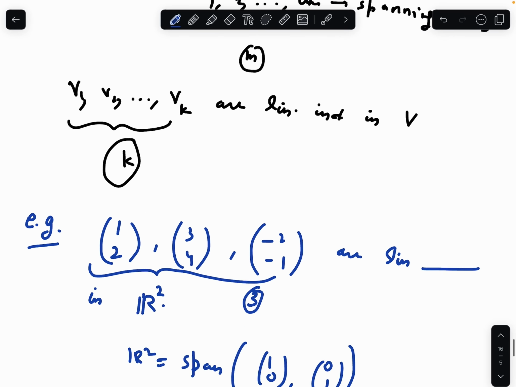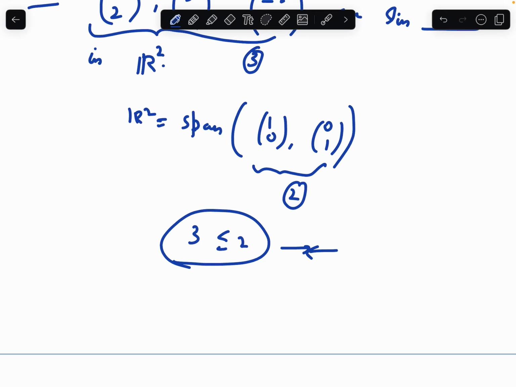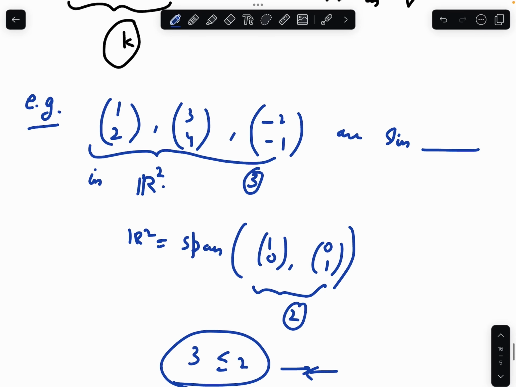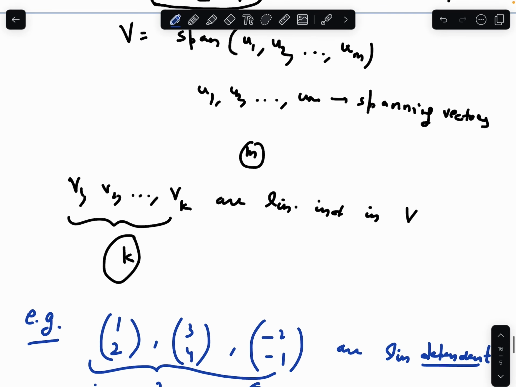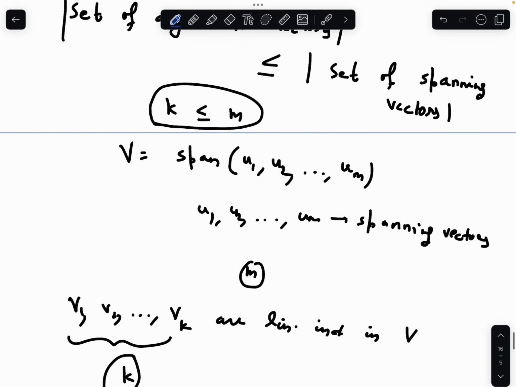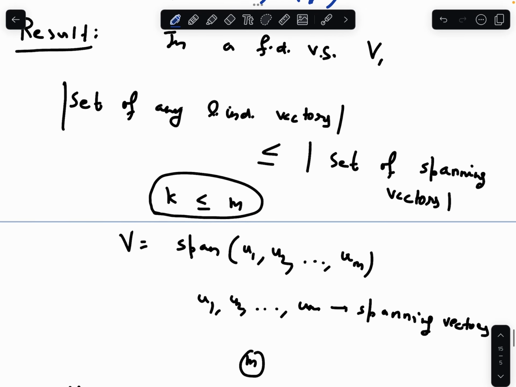Then as per the result, 3 should be less than or equal to 2, right? But this is not true. So they can't be linearly independent. They have to be linearly dependent. See, calculation saved. This is the power of this result. I want you to remember this, you're going to use it a lot.